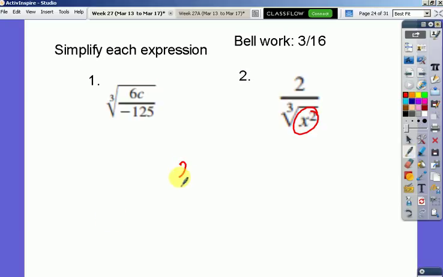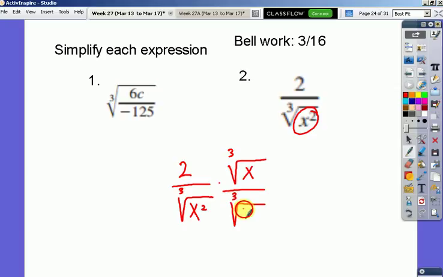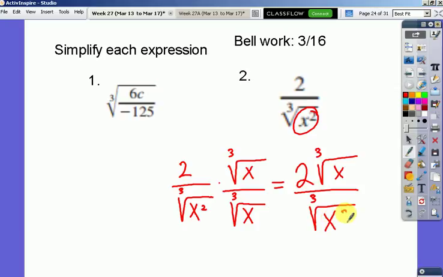Okay, so 2 divided by the cube root of x squared times the cube root of x divided by the cube root of x. Remember, our product property says that we can take those radicands and multiply them together. So I end up with my numerator of 2 cube root of x divided by the cube root of x cubed.